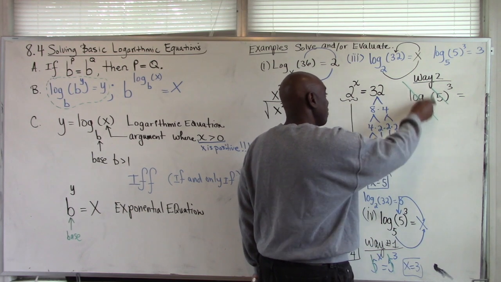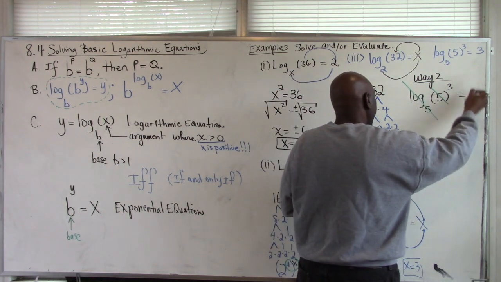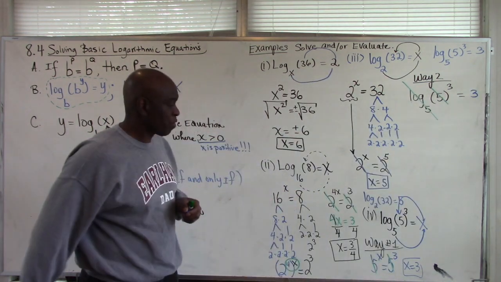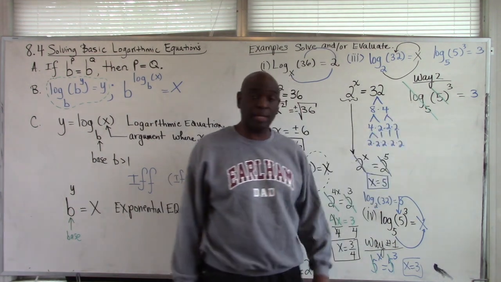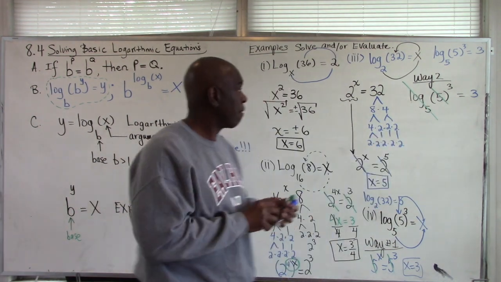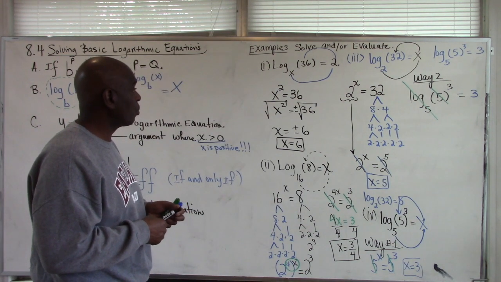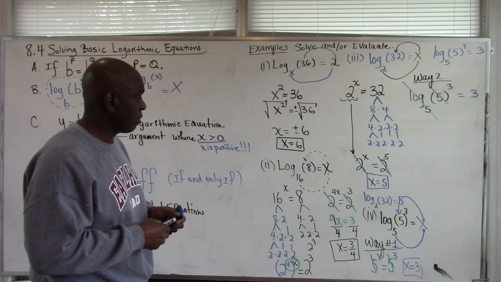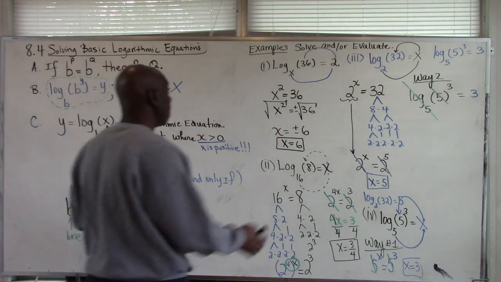So log base 5 and 5 cancel, and the only one left in this case is 3. So you can do wheels on the bus and get it, or you can just go right to it and just cancel it out. All right?